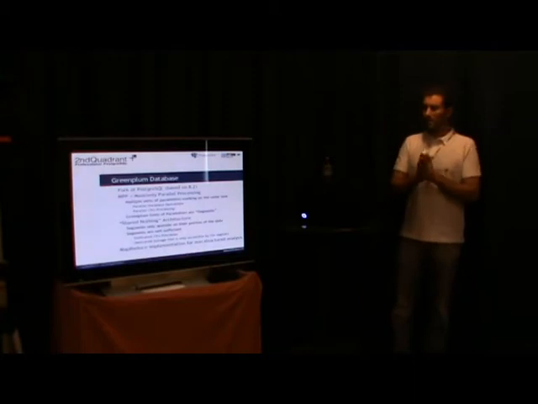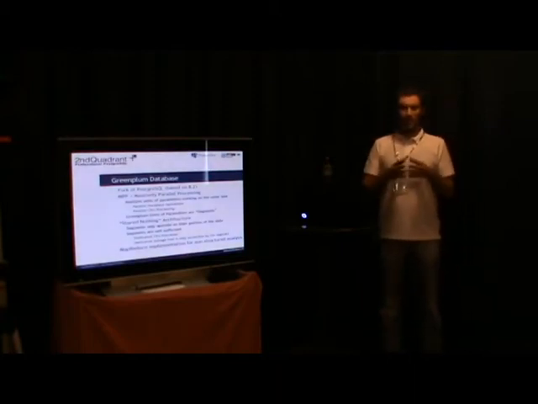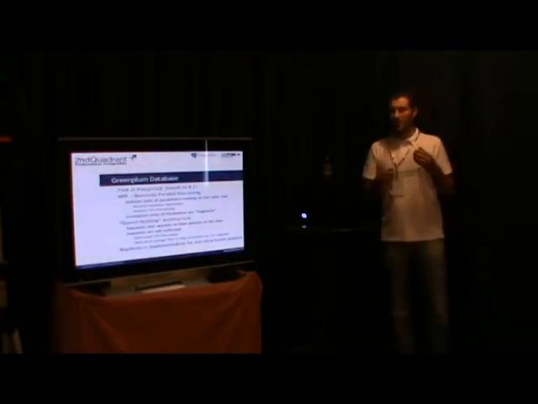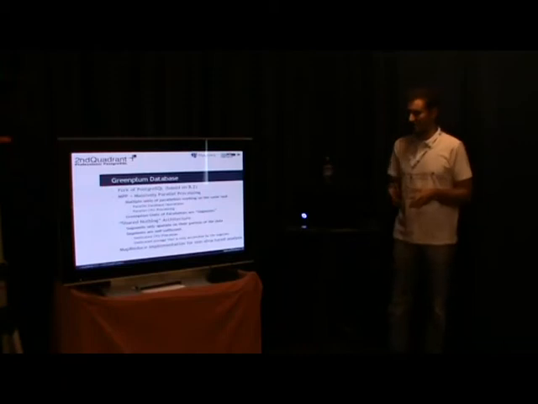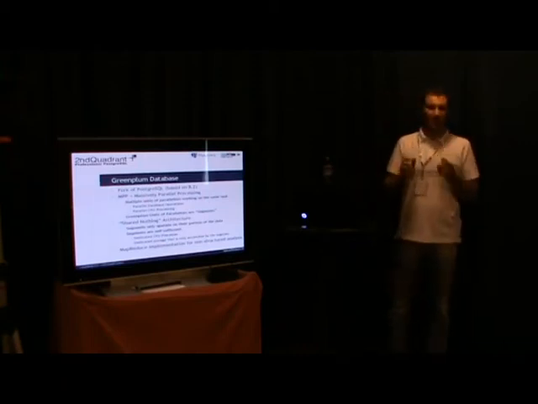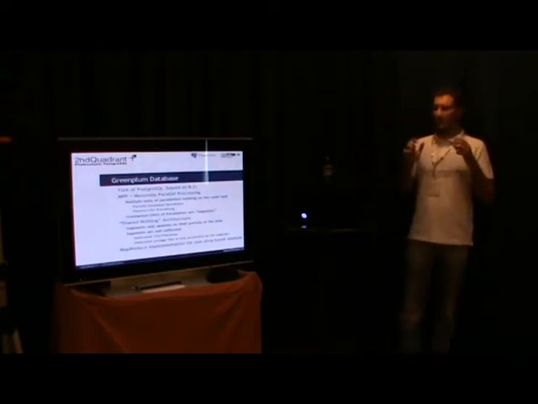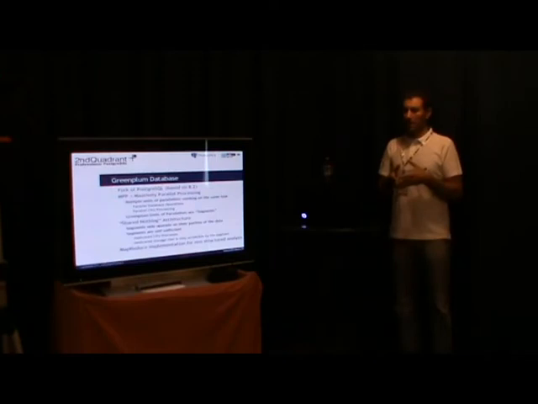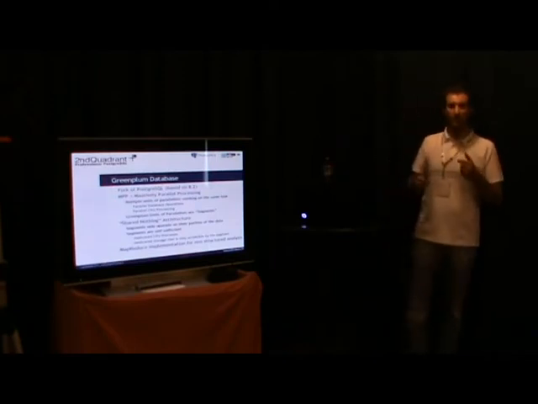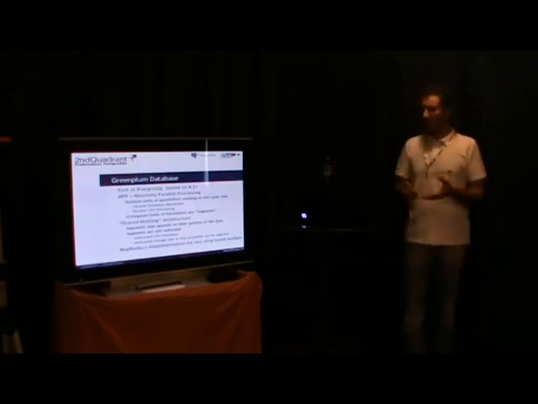Okay, what is Greenplum database? Greenplum database is a massively parallel processing relational database management system. Its main strength is the ability to scale linearly because of the shared nothing architecture.